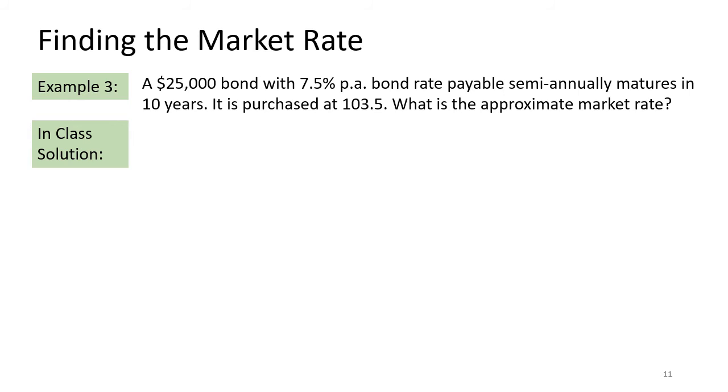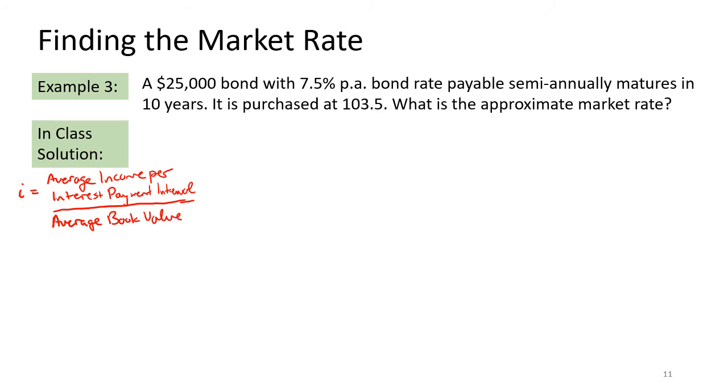First is our periodic interest rate, and that's equal to our average income per interest payment interval. Sorry, these are long terms. There isn't really a way to shorten these names because they are what they are. Divided by the average book value.